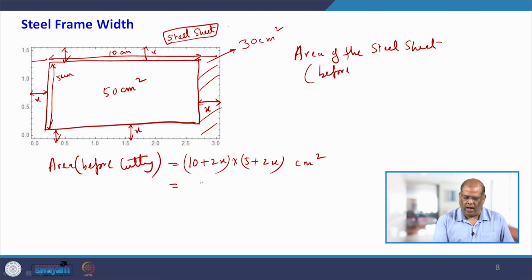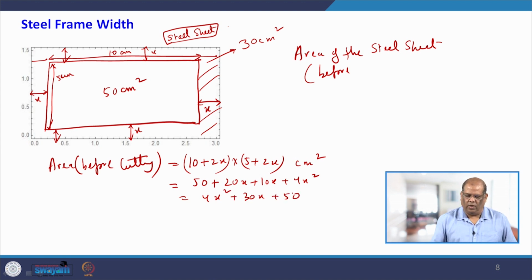If I multiply, this is 50 plus 20x plus 10x plus 4x square. After simplification, it is 4x square plus 30x plus 50. Now, you have taken a sheet out which is 50 centimeter square.